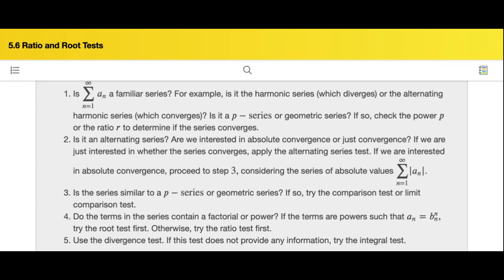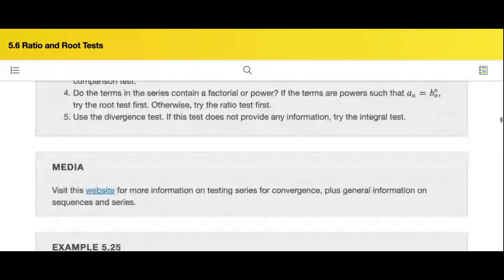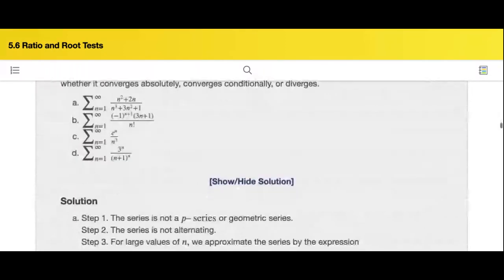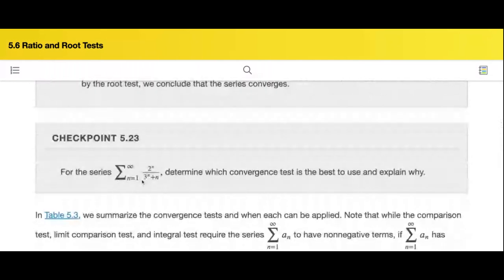Okay, so anyone has any suggestions? I'll just leave this one for you, okay? So maybe we can talk about it next class. Think about it: there's 2 raised by n over 3 raised by n plus n. My intuition is to compare with a geometric series, 2 over 3 raised by n.